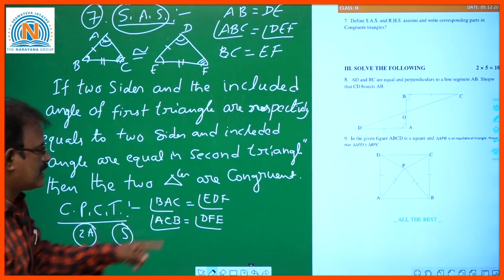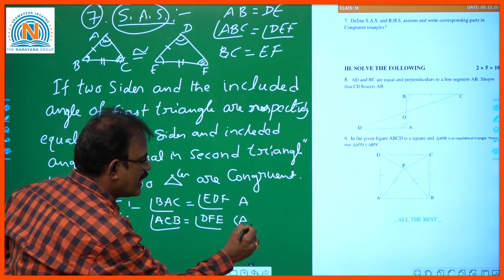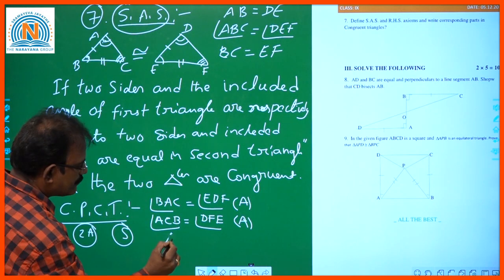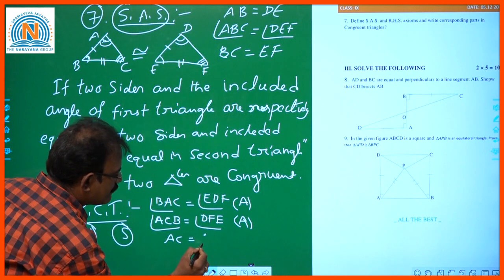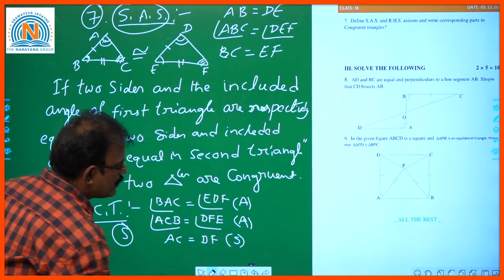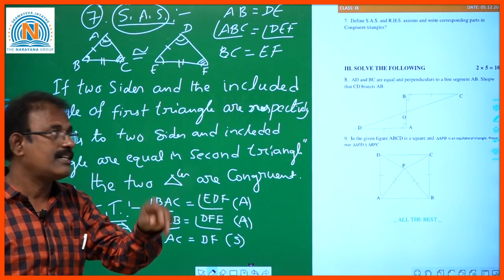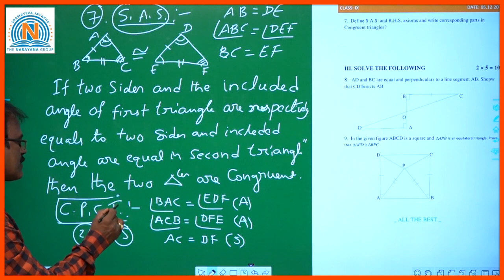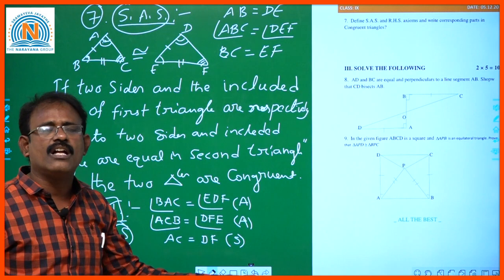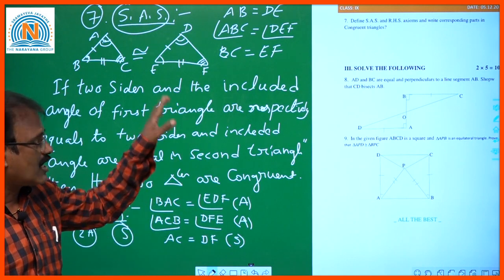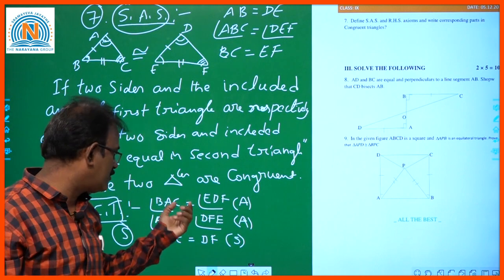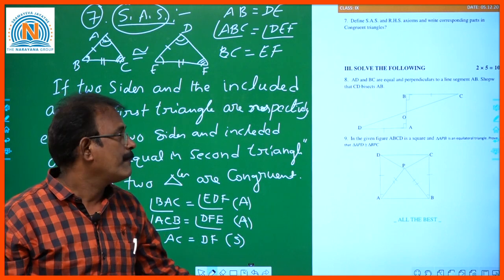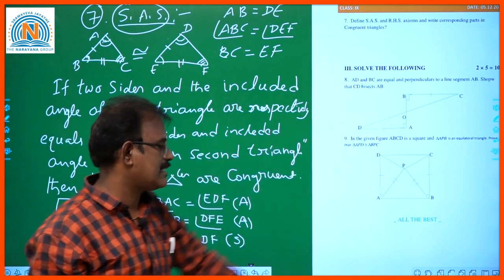So 2 angles. And 1 side other than AB and BC, so AC, here DF. So 2 angles, 1 side. These 3 are called CPCT, corresponding parts in congruent triangles. These 3 are also equal. Basing on our conclusion, we are able to declare that these 3 pairs of measurements are also equal without going to actual measurement, children.